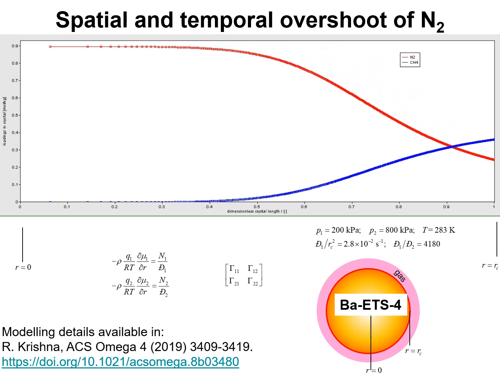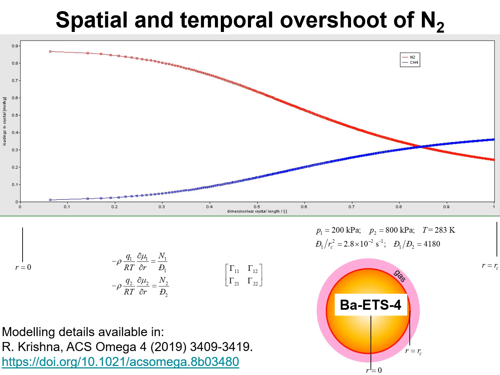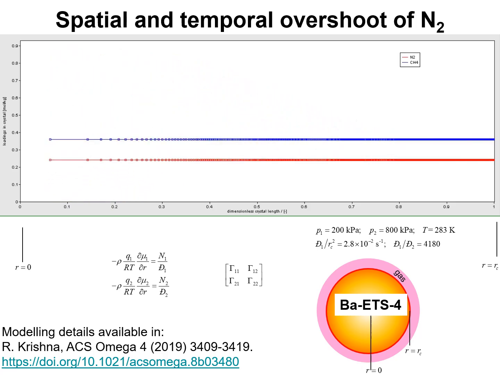Red is nitrogen, blue is methane, and we note a sharp overshoot in the methane loading during the initial transients, and if we wait long enough, the nitrogen loading reduces to a value that is equal to that at the surface, and the loadings at the surface of nitrogen and methane are in equilibrium with the bulk gas mixture.